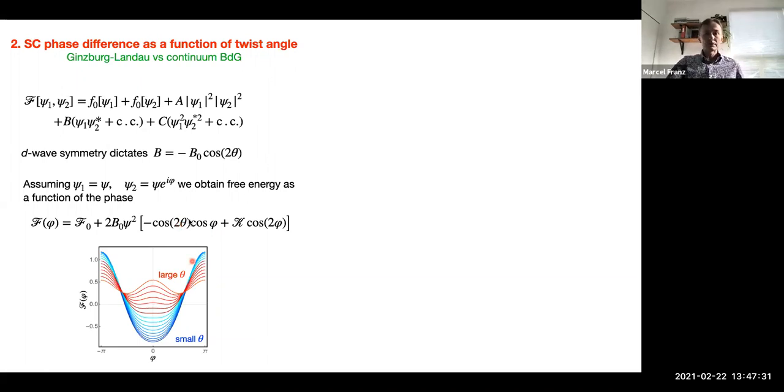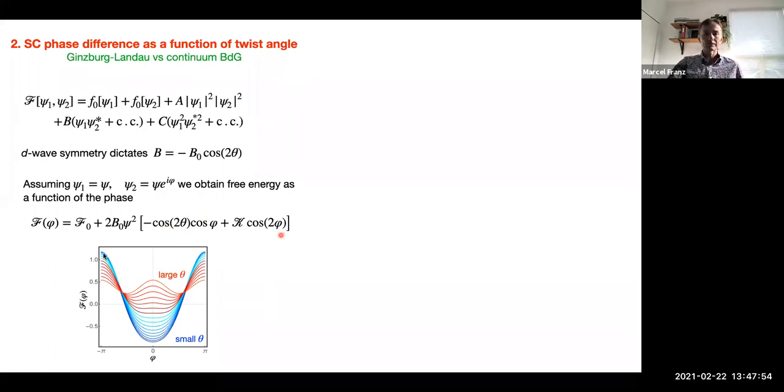For small twist angles, this cosine is close to 1, and the free energy is dominated by the first term. Typically, one expects this K to be a small number. However, as theta increases, this cosine becomes smaller and smaller, and there's a crossover to a behavior dominated by the second term.